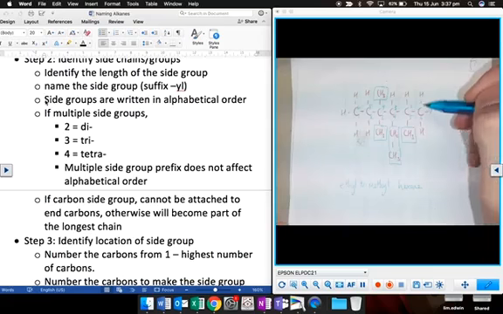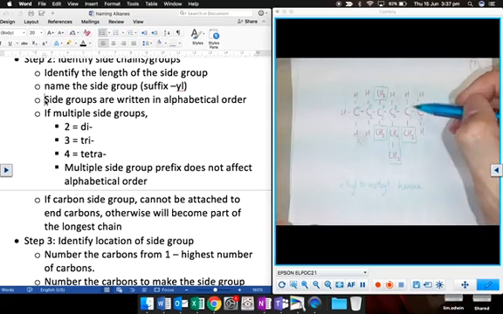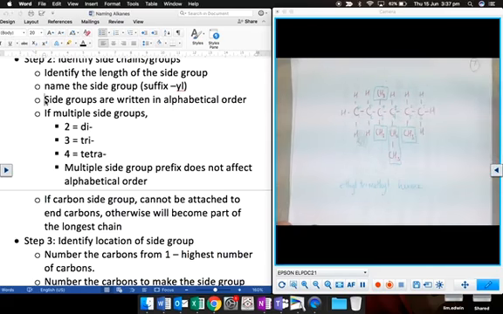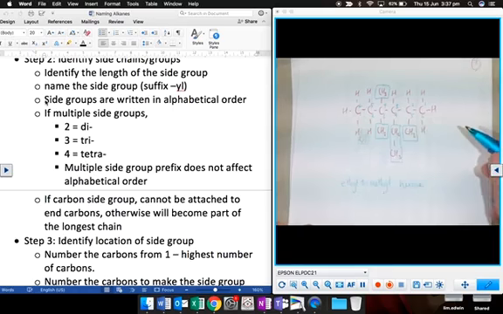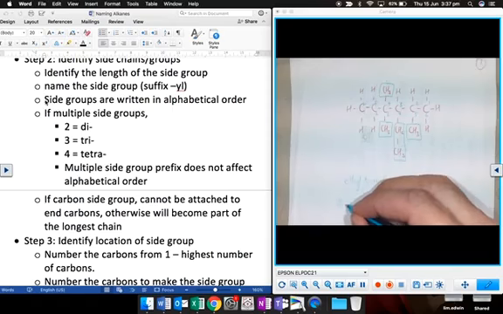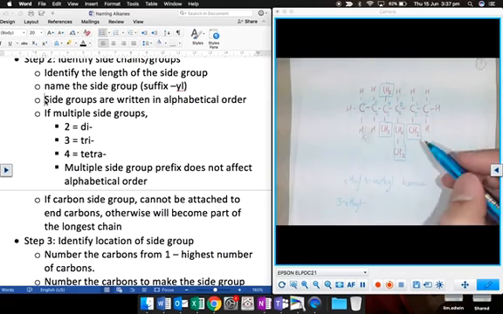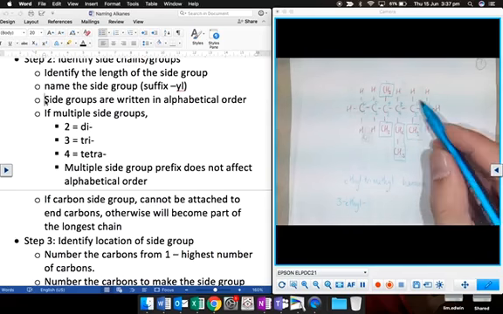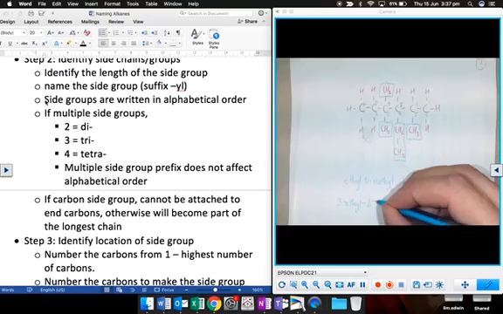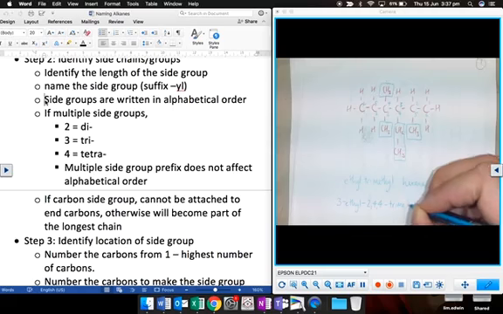So we're going to use the right to left because it will give us 2, 3, 4, and 4. Okay? So let's work out the position of the ethyl. It's on number 3. So we're going to call it 3-ethyl. Okay? What's the location of the 3 methyl groups? It's on 2, 4, and 4. So 2, 4, 4, trimethyl hexane.